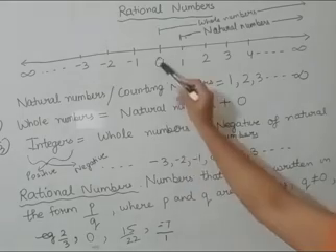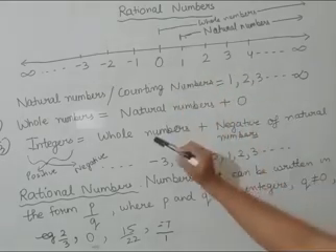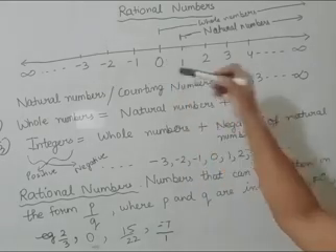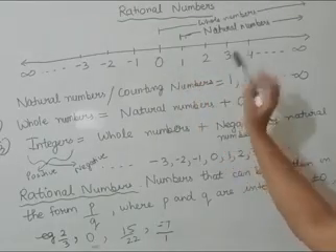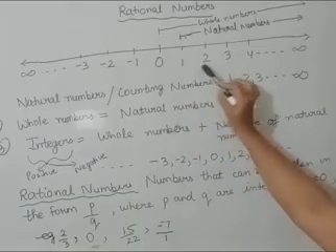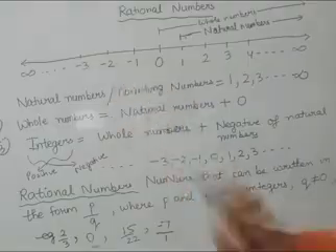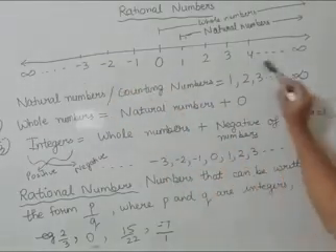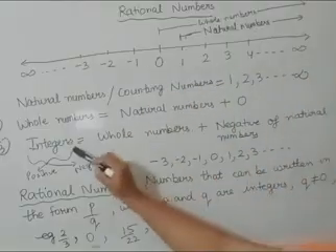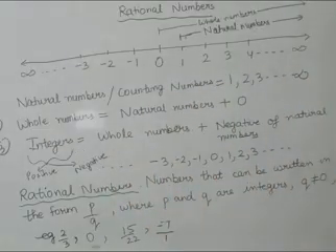Whole numbers are the numbers which include 0 with the natural numbers, 0, 1, 2, 3 onwards, plus negatives of natural numbers. All these numbers which lie on the number line are integers. I hope I've made myself clear.